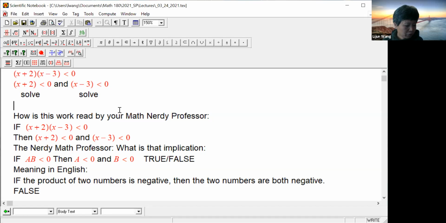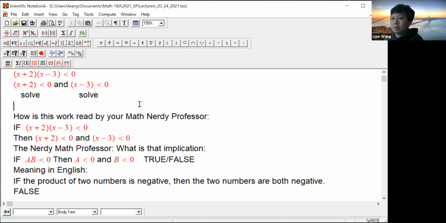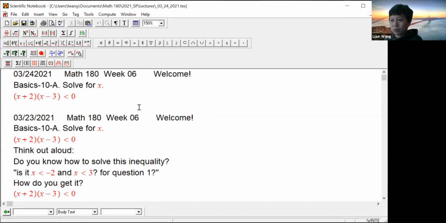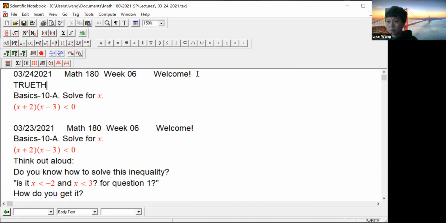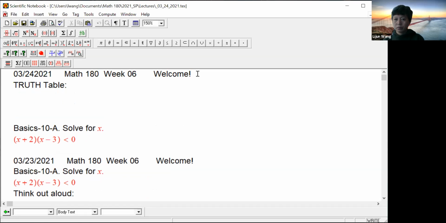Before we start, we're going to take a look at what a truth table is. I'm asking you to go back to the notes on page number 2. So let's start with truth table.